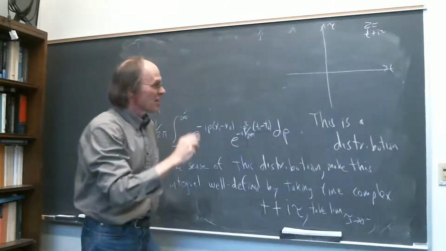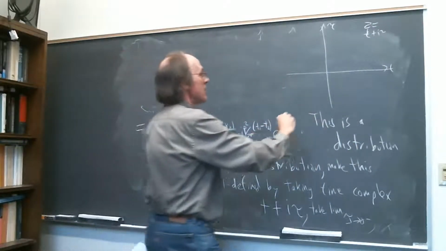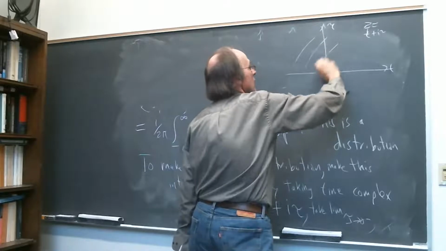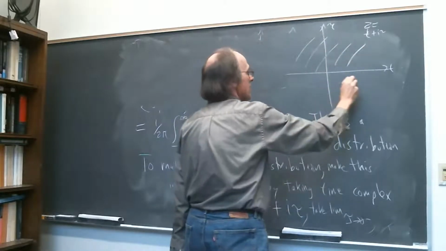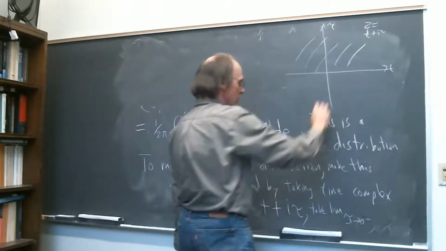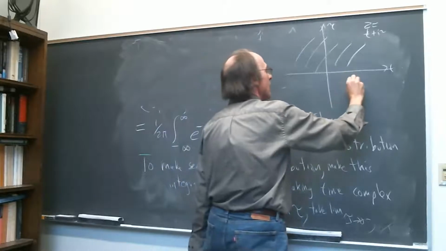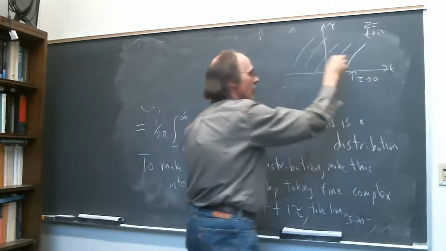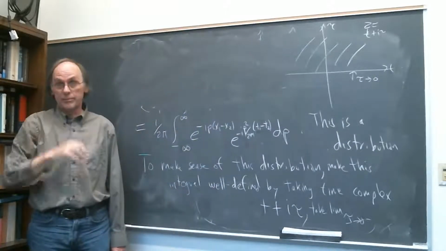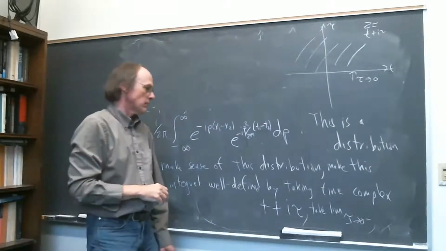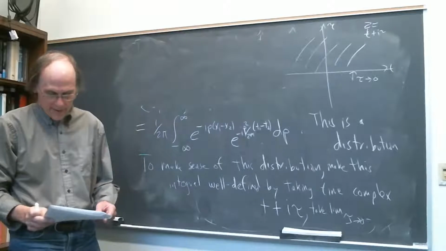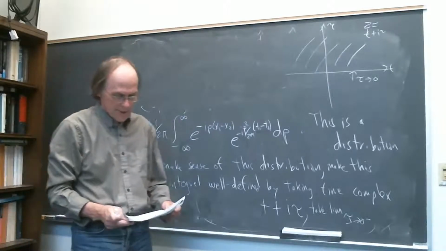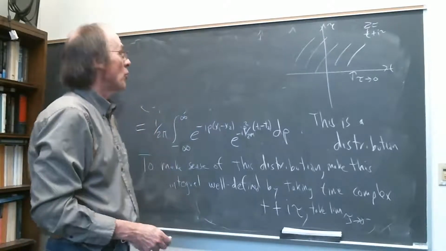This integral is going to make no sense over here, but it's going to make sense here. And then you want to get the t values, so you take tau goes to 0 from the negative side. That's the idea.